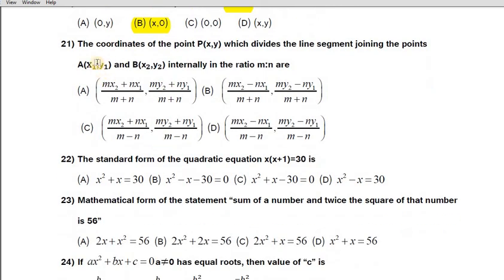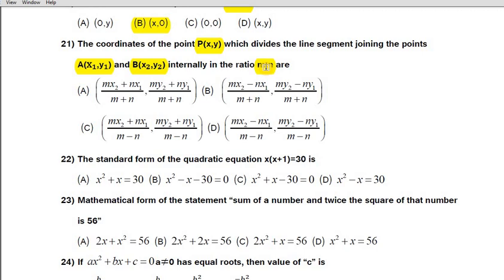Question number 21. The coordinates of the point P(x, y), which divides the line segment joining the points A(x1, y1) and B(x2, y2) internally in the ratio m1 is to m2. See here, the ratio is m1 is to m2.